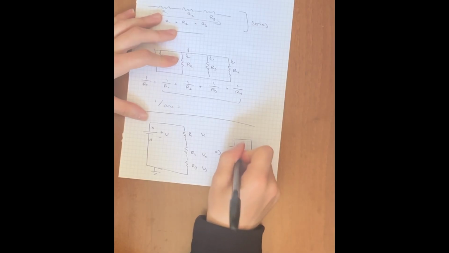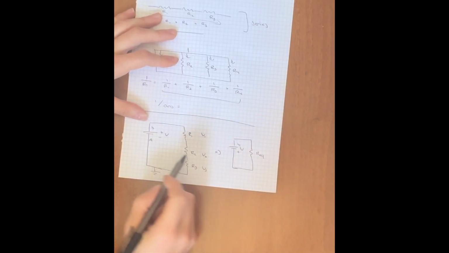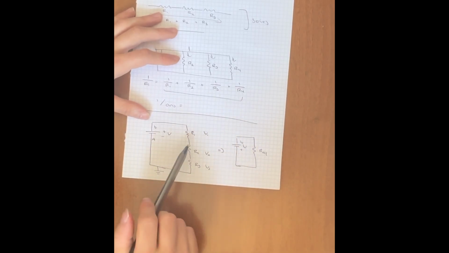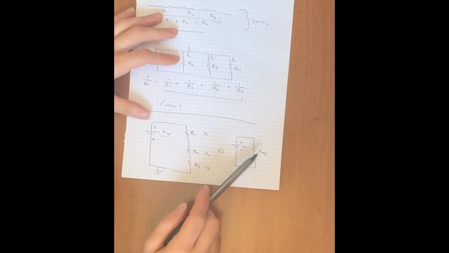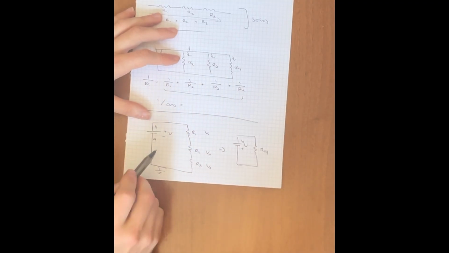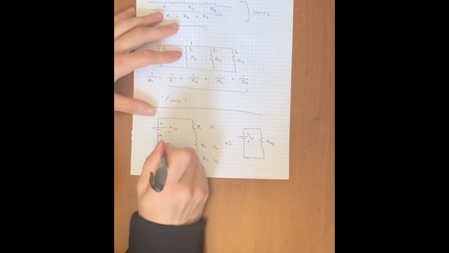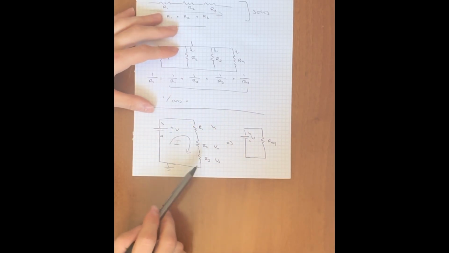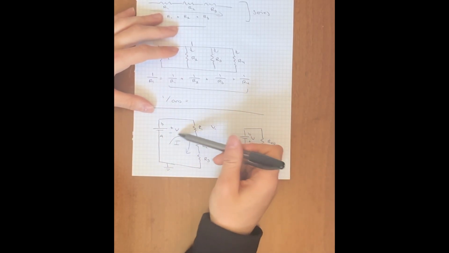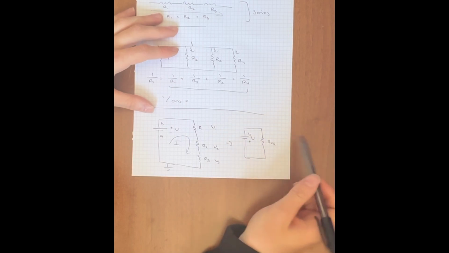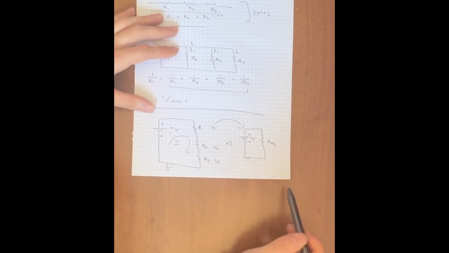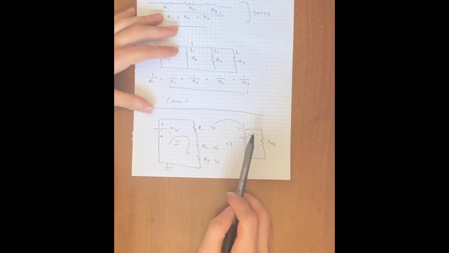It's the same circuit, but because these are in series, it's been added up into one resistor, which gives us an equivalent circuit. In this circuit, there's only one constant current flowing through each resistor, so we can just add these up and make an equivalent circuit like this, with the battery being unchanged, of course.